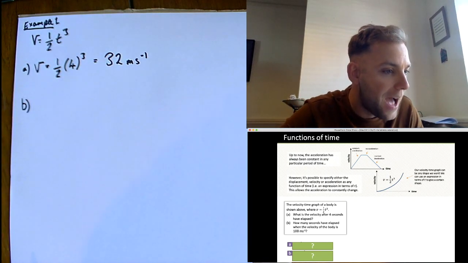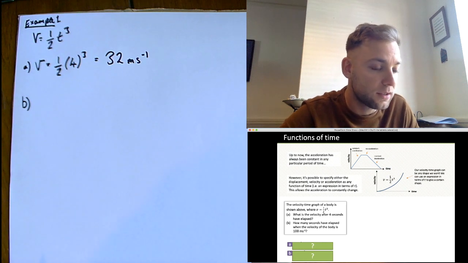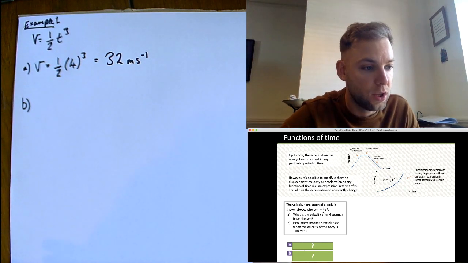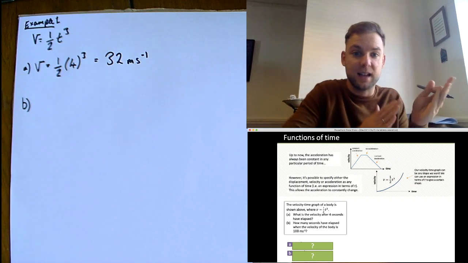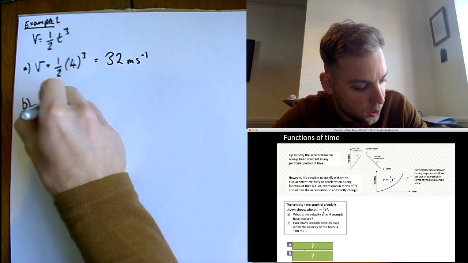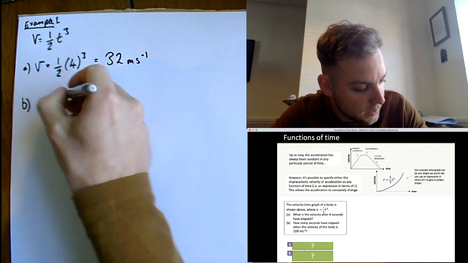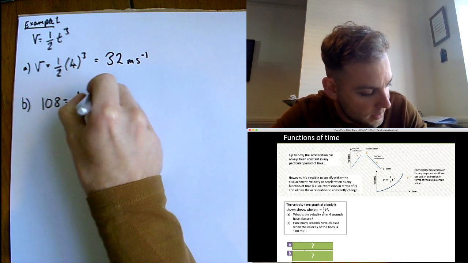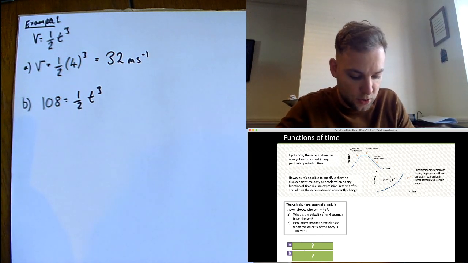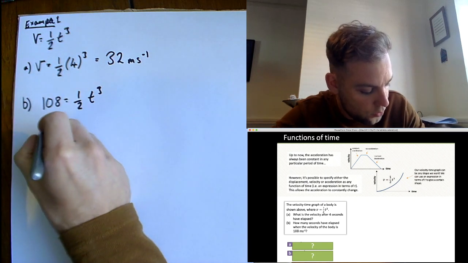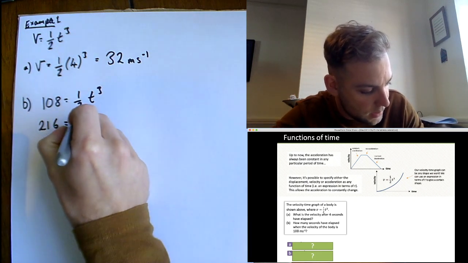Part B says, how many seconds have elapsed when the velocity of the body is equal to 108 meters per second? This is just working the other way around. Instead of subbing in the time, we're going to sub in the velocity. So we've got 108 is equal to a half t cubed. We get rid of the half by multiplying by 2. 108 times 2 is 216, so 216 is equal to t cubed.